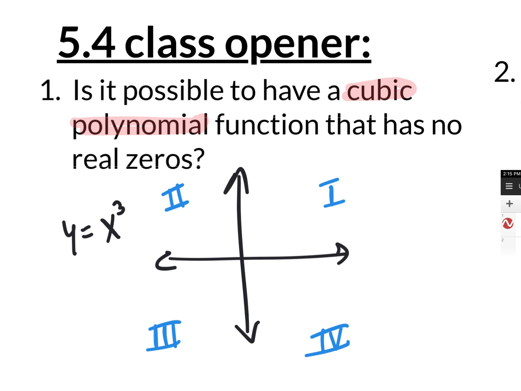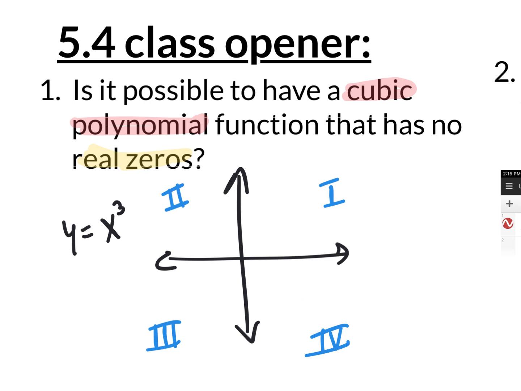Now, when we say, is it possible for a cubic polynomial function to have no real zeros? What are real zeros? X-intercepts. There you go. X-intercepts are real zeros, answers, solutions, roots, whatever you want to call them. So is it possible to have a cubic polynomial function that has end behavior up here and down here to not cross the x-axis, or up here and down here to not cross the x-axis? No, it has to cross the x-axis, right?